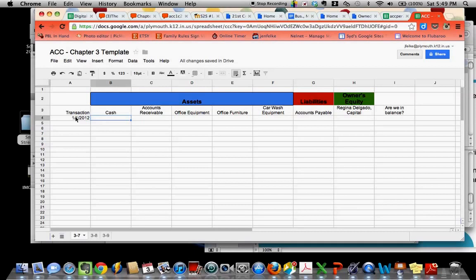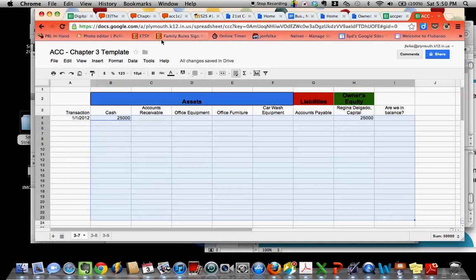Anyhow, so number one, Regina Delgado, the owner, invested $25,000 cash in her business. So if she invested cash, cash is going to go up. And if the owner's investing money, the owner's equity or the owner's capital account will also go up. I'm going to go ahead and highlight all these cells and make them a dollar sign.